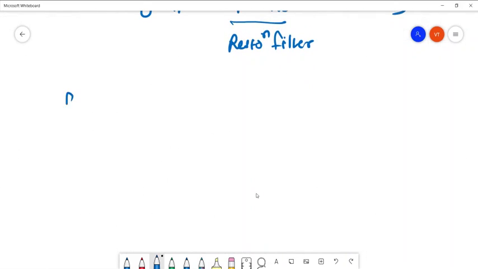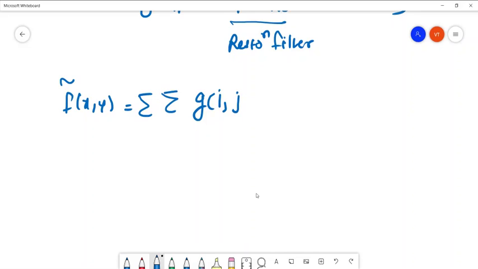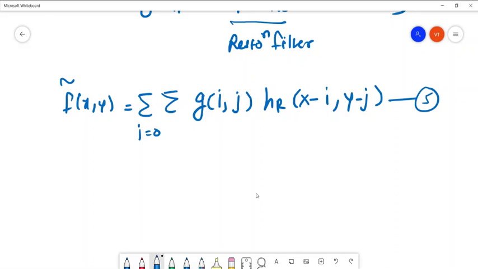So f tilde xy is equal to the double summation of g of i j times hr of x minus i, y minus j. This is equation number 5. Here i will vary from 0 to N minus 1 and j will vary from 0 to N minus 1.